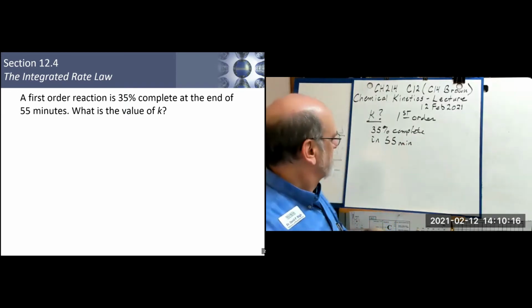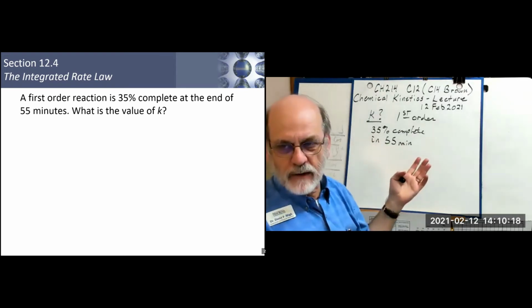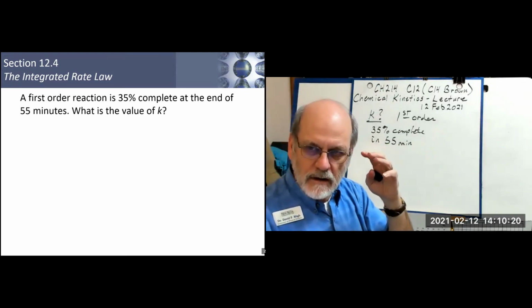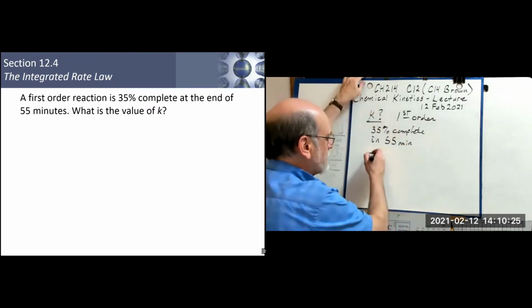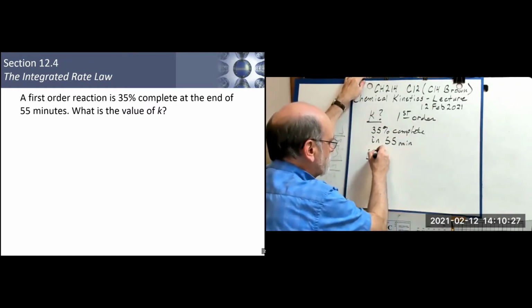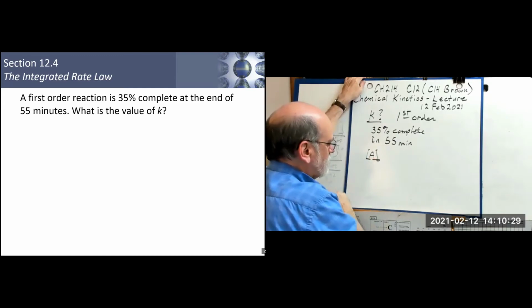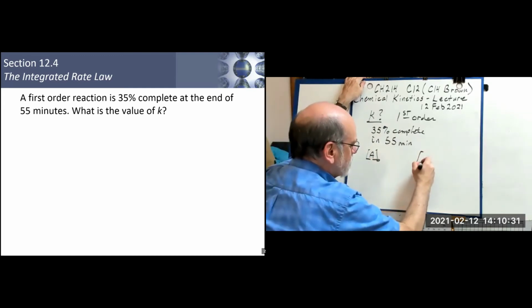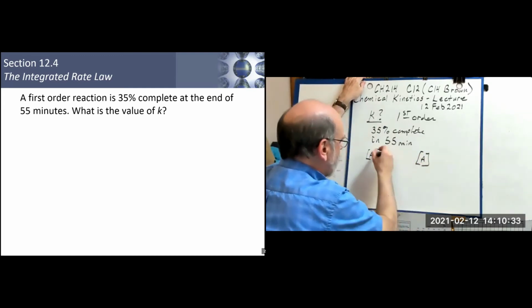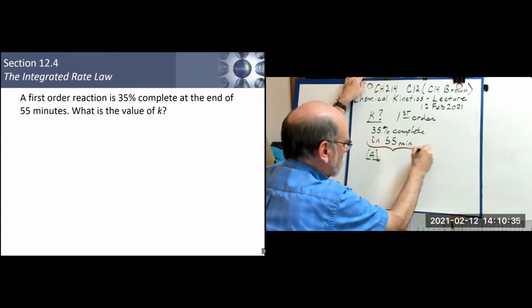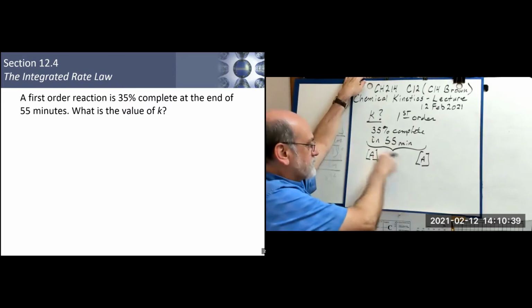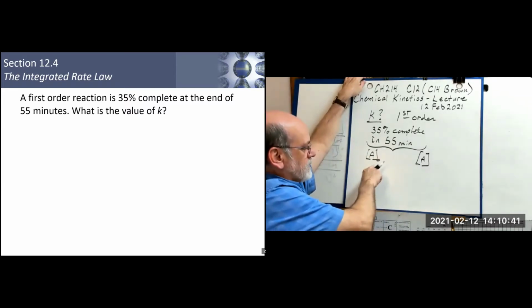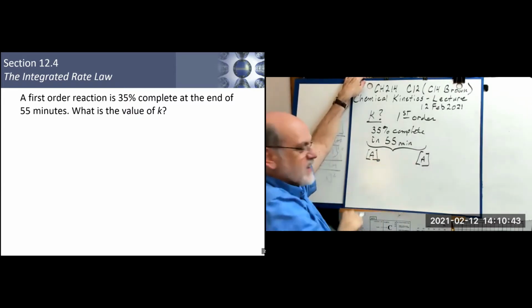If it's 35% and we're talking about disappearance of reactant, so if we start off with this, what is this after 55 minutes? Relative to this, after 55 minutes, how much of that do you have left?